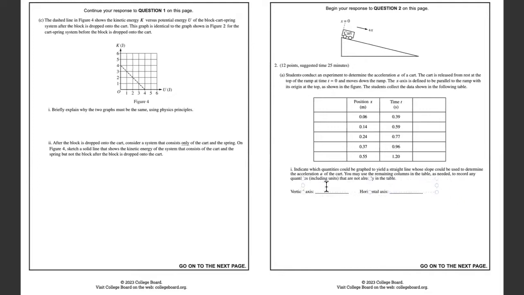And the thing that we already know about a cart moving down a ramp is that it should have a constant acceleration if we neglect air resistance, which of course we are because this is AP Physics 1 and the question doesn't ask us for air resistance. So on the vertical axis, let's plot x, and on the horizontal axis, let's plot time squared.